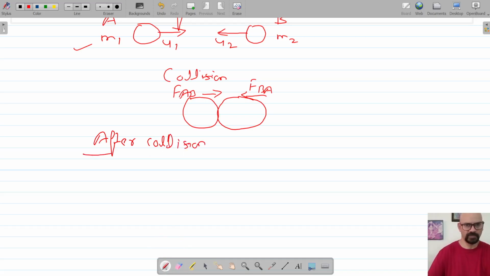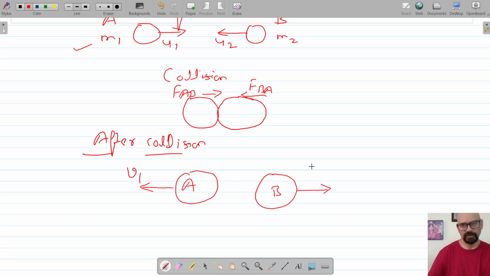Let's say their velocities change and they are deflected back. A moves with final velocity v1 and B moves with final velocity v2. Their masses remain the same. This is the situation after collision.